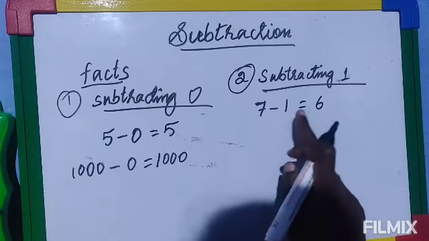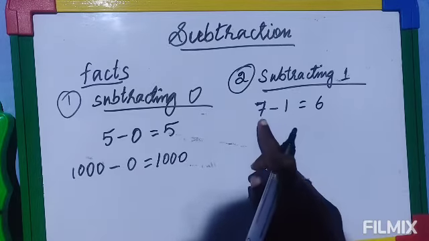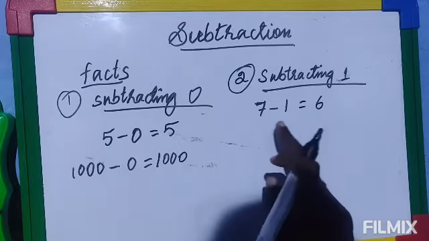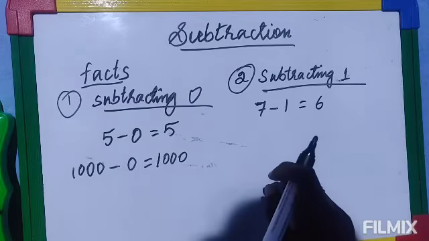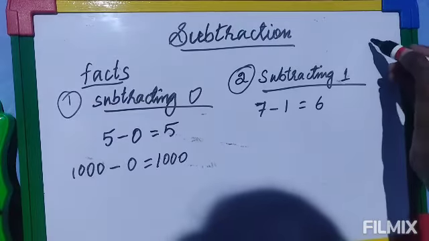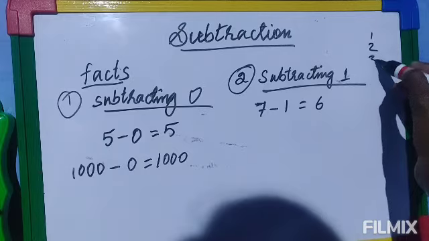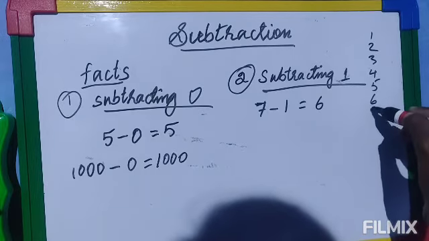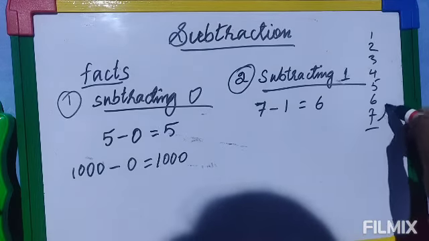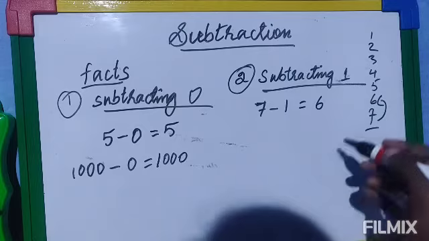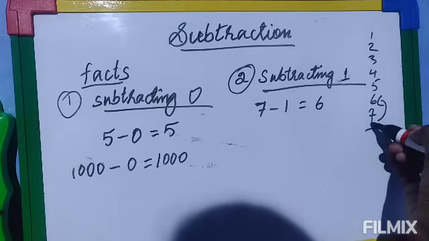6 is what of 7? 6 is in which position of 7? 6 is just before 7. When you count 1, 2, 3, 4, 5, 6, 7, 7 is here and just before 7, 6 is there. So it is the before number.